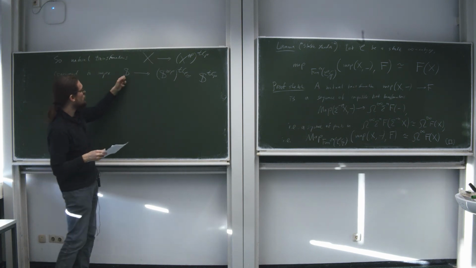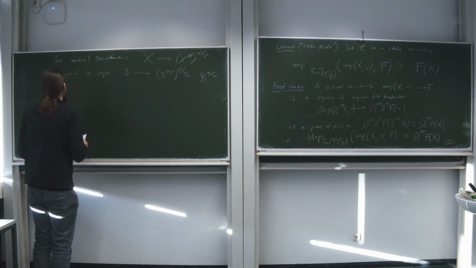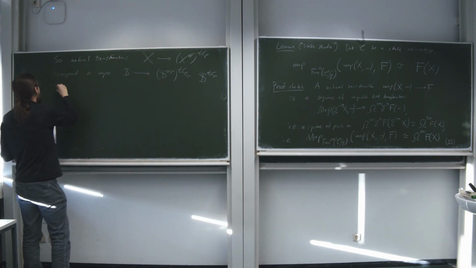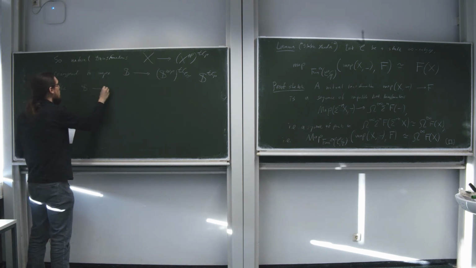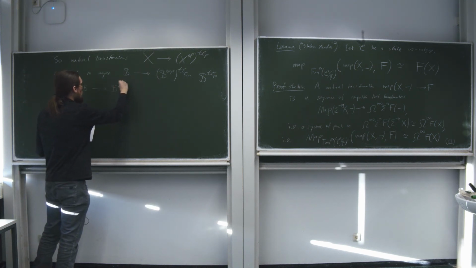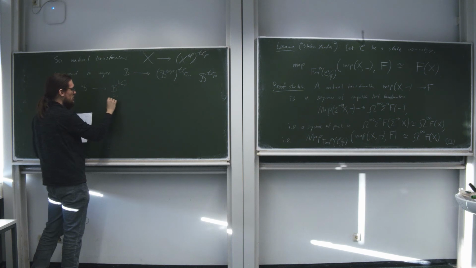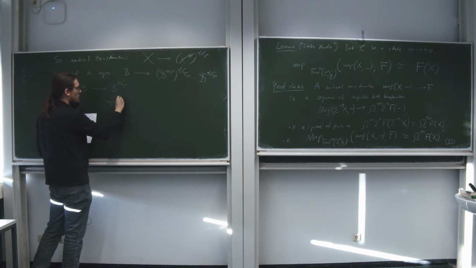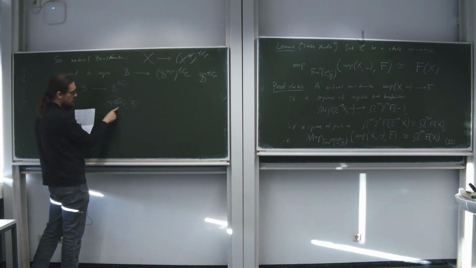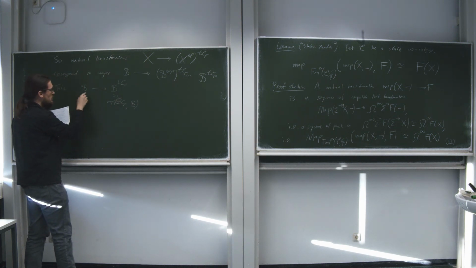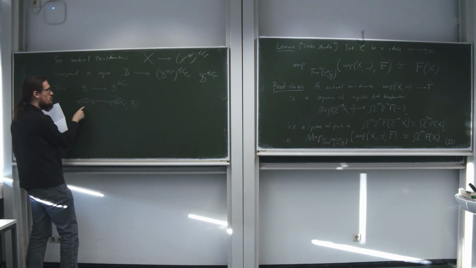So there is an obvious choice of map like this, namely, we can take the composite where we go from S to homotopy fixed points with respect to the trivial action, right? There's always a map like this because this is just the mapping spectrum from sigma infinity plus BCP to S. And this guy is, I guess, the mapping spectrum from sigma infinity plus of the point to S. And so you can just pre-compose with the map from BCP to the point.